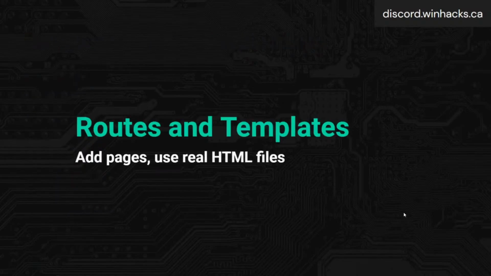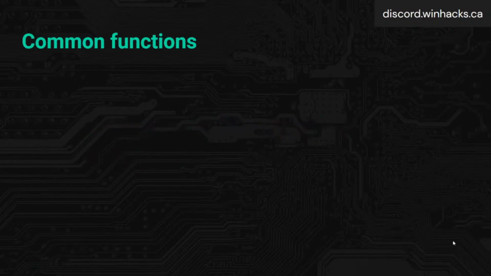So how do we actually have some fun with it and create different routes and different templates so we can have actual real HTML? First, you need to know about some common functions that you're going to encounter when using Flask. The first is render_template.